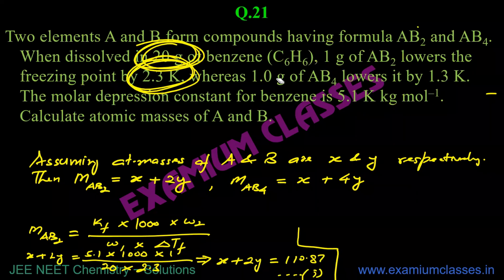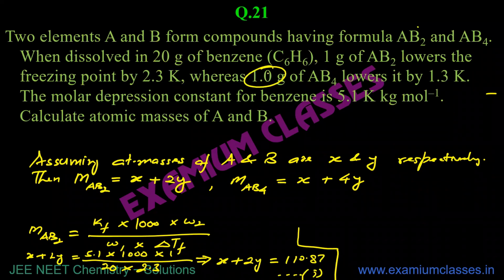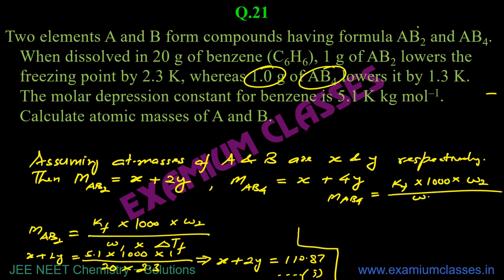In the second case, you again have 1 gram but of AB4. So here you will again apply the formula. MAB4 will be equal to Kf into 1000 into W2 divided by W1 into delta Tf. In this particular case, MAB4 is x plus 4y equals Kf 5.1 into 1000.